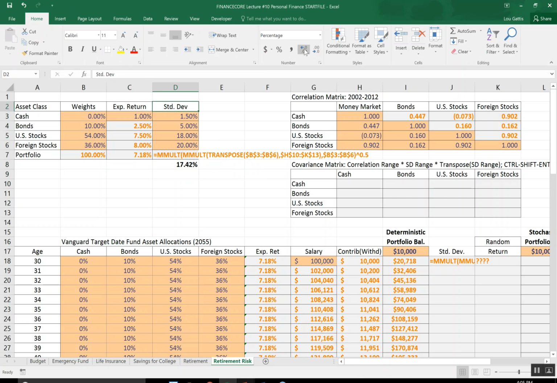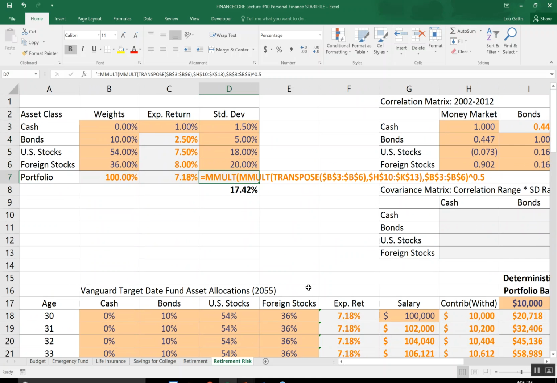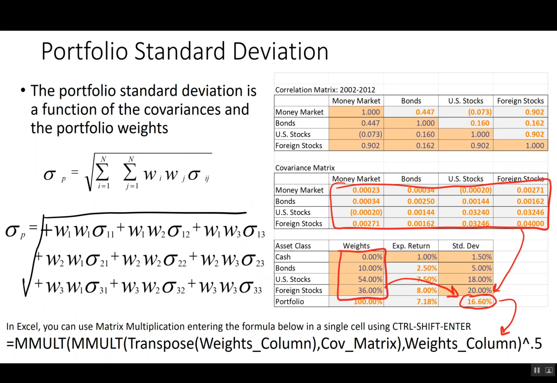By the way, I got these standard deviations by looking at some historical data sets that I had on these asset classes. So how am I going to get the standard deviation? Well, the standard deviation of a portfolio, by definition, if you look at the textbook you can get more depth, is the square root of the double sum of the weights times the portfolio covariances.